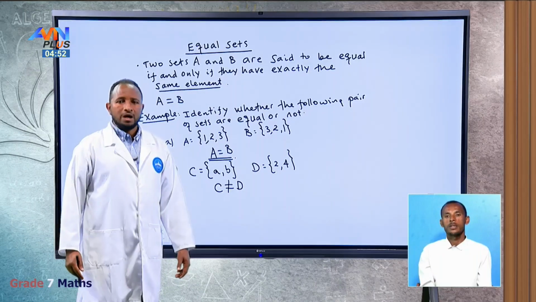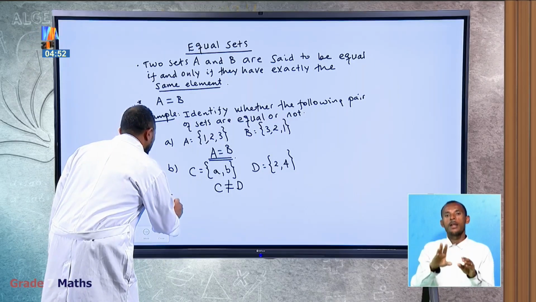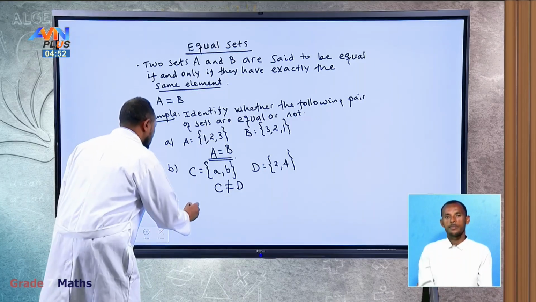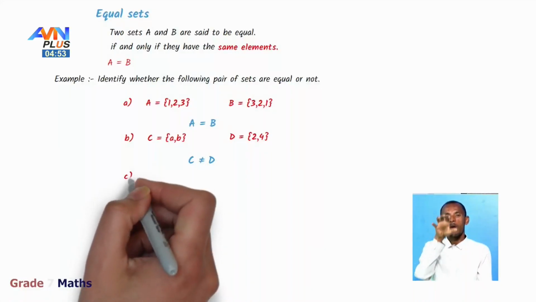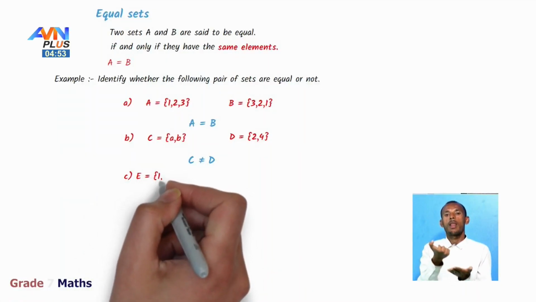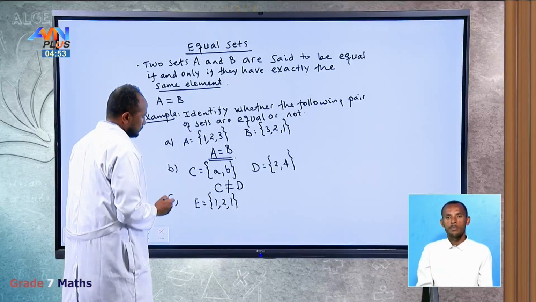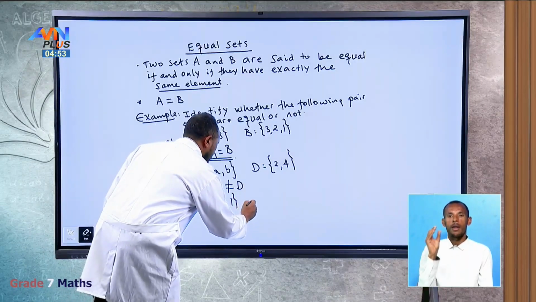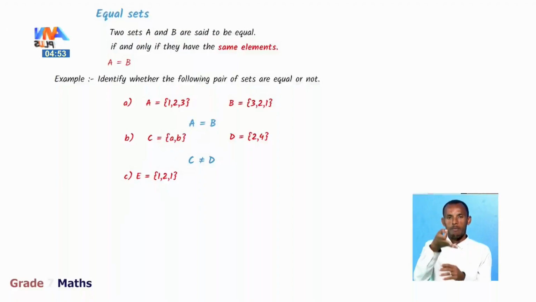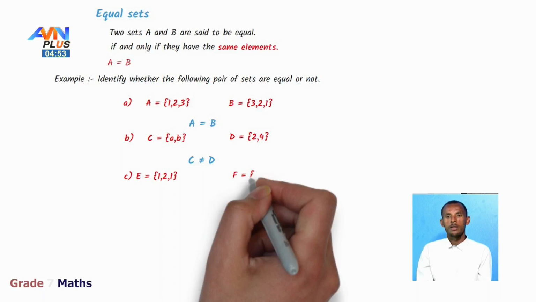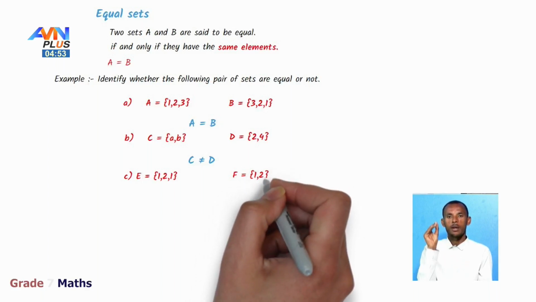Now, let me add one more example. Assume set E contains the elements 1, 2, and 1. And set F contains the elements 1 and 2.